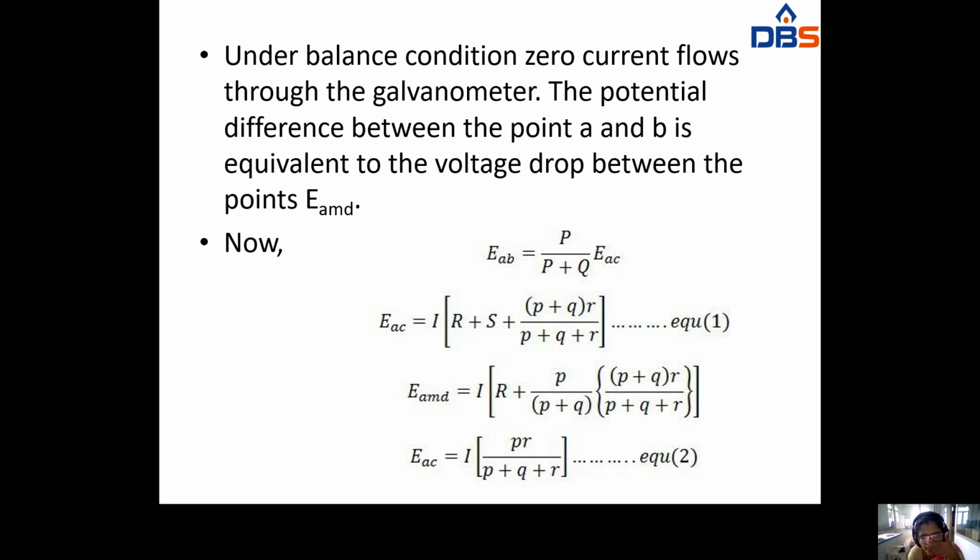So at that time EAMD is equal to I into R plus P by P plus Q into P plus Q into R divided by P plus Q plus R. Okay, so R means internal resistance.